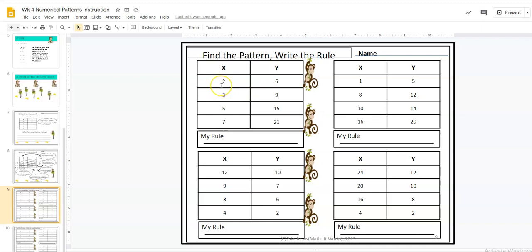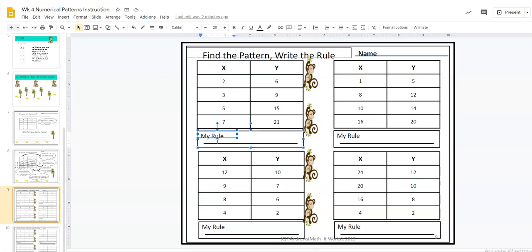Let me try something else. I know that 2 times 3 equals 6. Let me try that for the next 2 terms. Is 3 times 3 9? Yes, it's true. Is 5 times 3 15? Yes, that is true. Is 7 times 3 21? Yes, that is true. So I would state my rule.